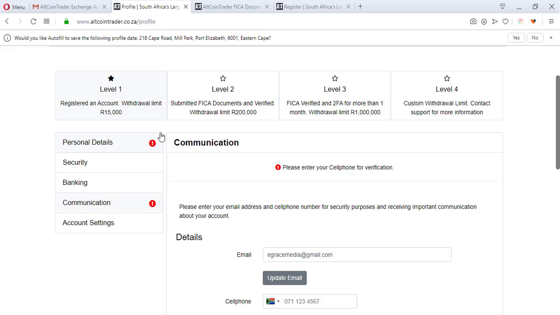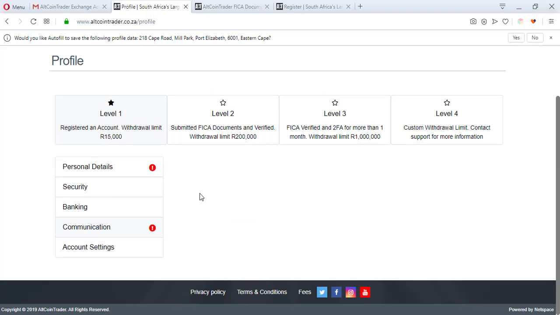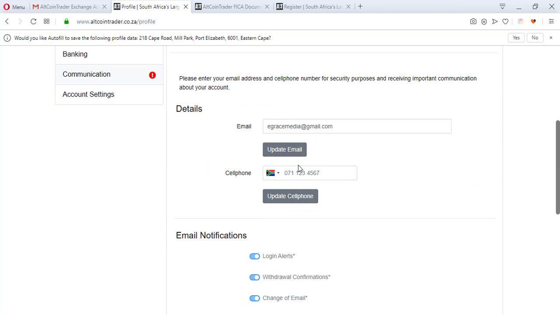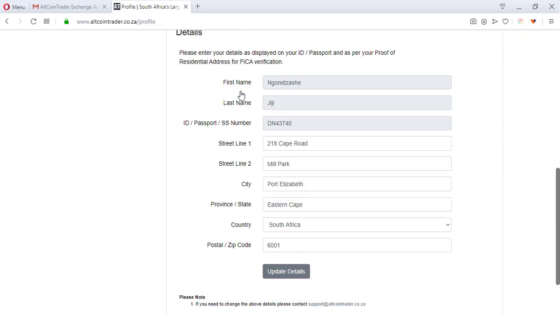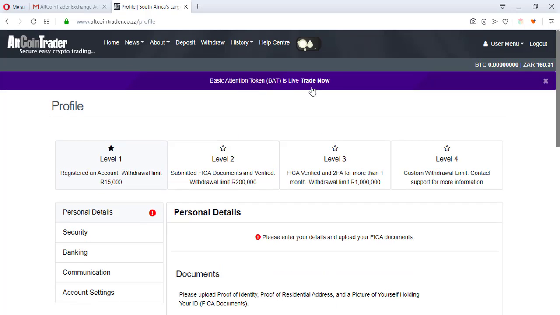After updating my personal details, I'm gonna go to communication and put my phone number there. An OTP has been sent to my SMS, so I'm just gonna put my OTP right there. Alright, now my phone number is verified.